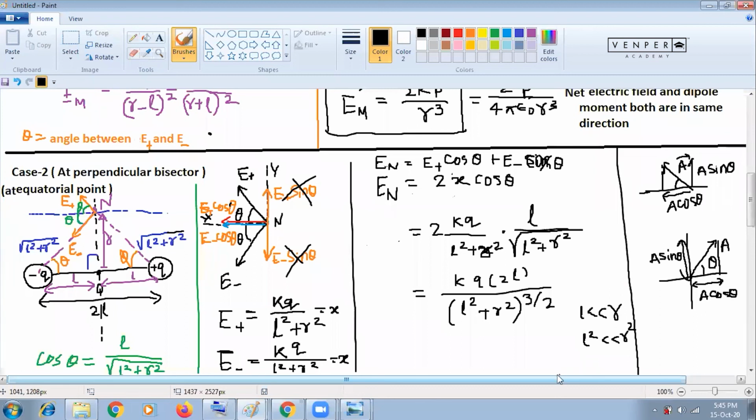So you can neglect this L square. That means L square plus R square we can write as R square.